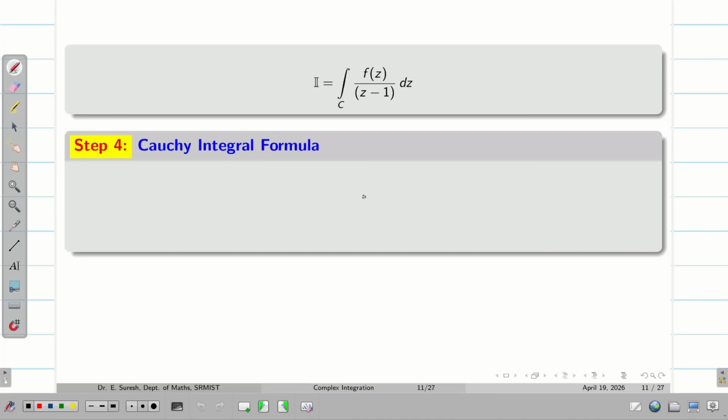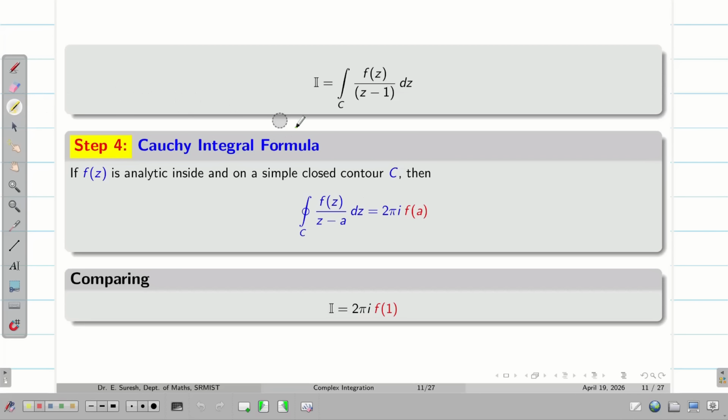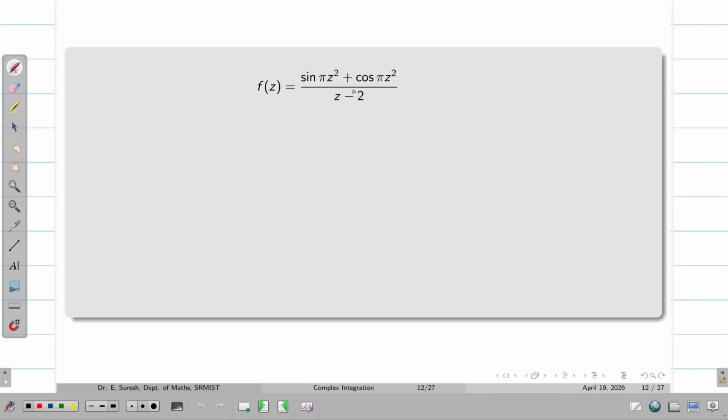So let us write the Cauchy integral formula as my step 4. Now compare our problem with Cauchy integral formula. Therefore, I can write capital I is equal to 2 pi i into f of 1. Next we have to find f of 1. We know that f of z is sin pi z square plus cos pi z square divided by z minus 2. Then f of 1 is simply sin pi plus cos pi divided by 1 minus 2.